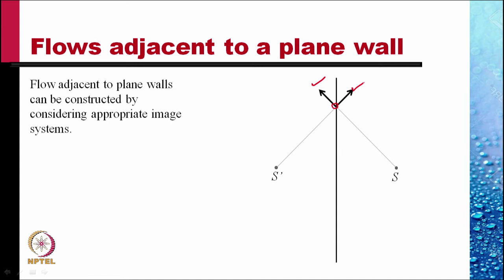The horizontal components of these two velocities cancel, resulting in the straight line of this wall, the vertical line, being a streamline. And this streamline could be taken as a wall. So then the resulting potential function or the stream function would represent the flow due to a source situated very close to a wall.